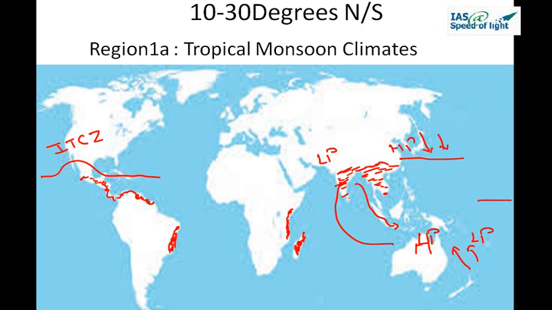Madagascar, Australia, northern part of Australia. So here, if you see northern Australia, this part has the monsoon influence, and this part is going to have a marine influence.